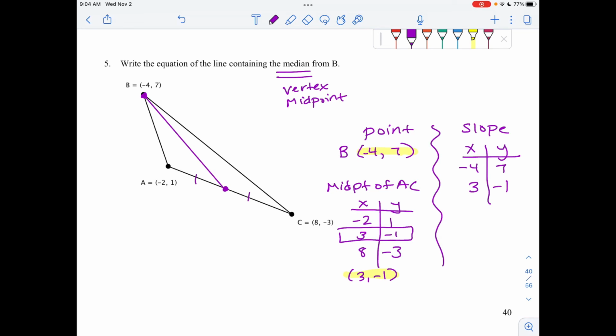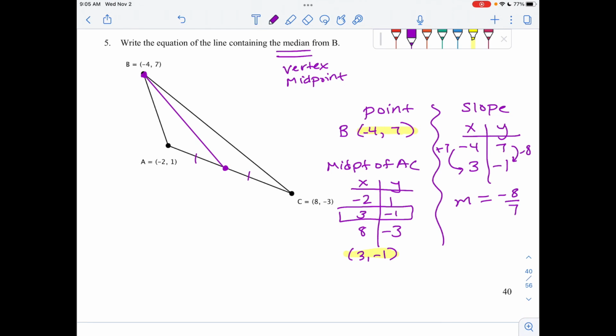So this one went down 8, and this one went up 7. So my slope is -8/7. And I do not take the opposite reciprocal because I'm not trying to do anything perpendicular. That is the slope between point B and the midpoint here. So that is the calculated slope.